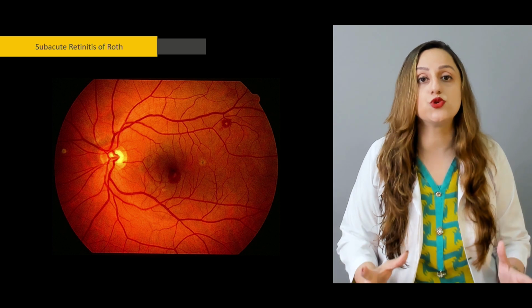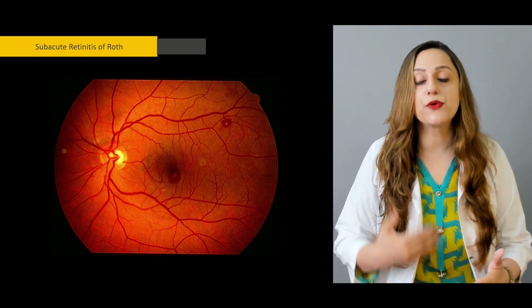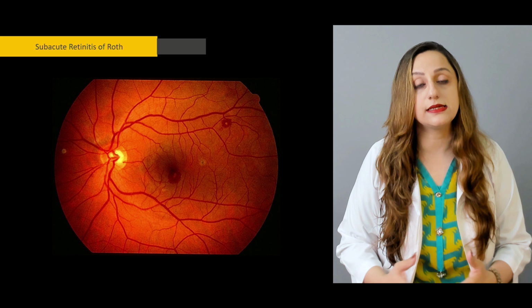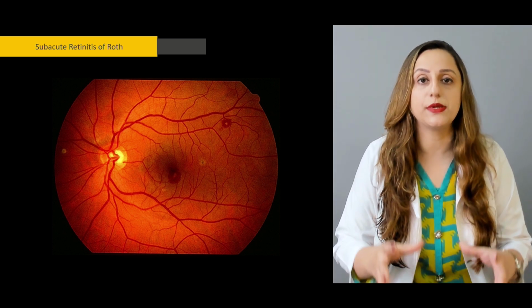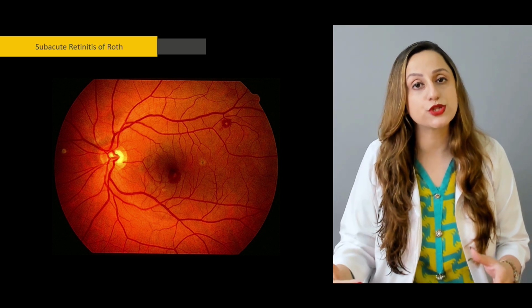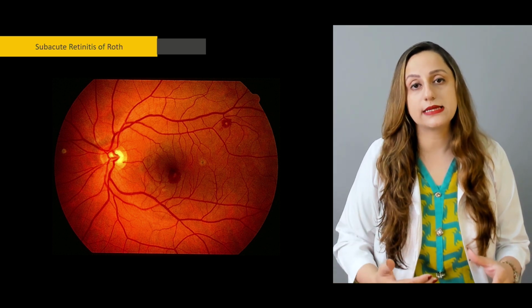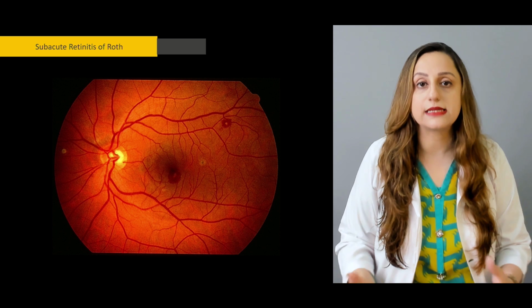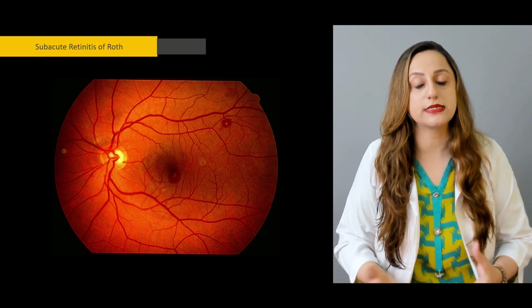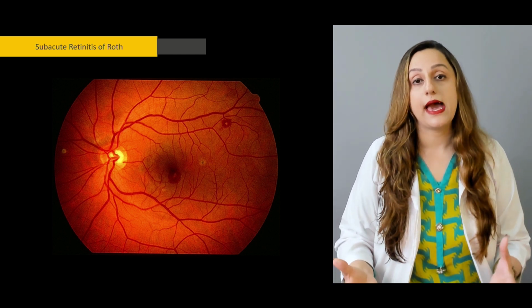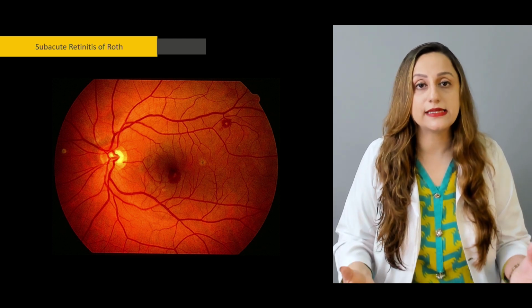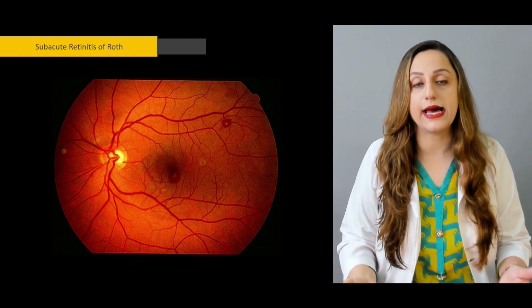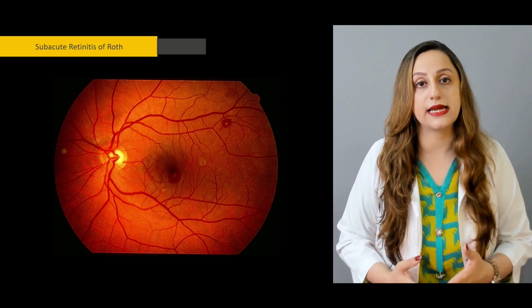Tunnel vision is usually reported by the patient, and you can even find Roth's retinitis in patients who are suffering from autoimmune disorders, or from HIV, the human immunodeficiency virus, where immunity is lowered, and they subsequently find themselves in this condition, known as the subacute retinitis of Roth.